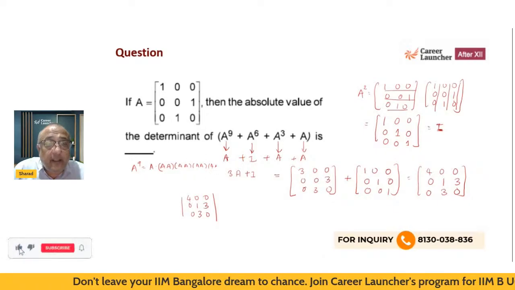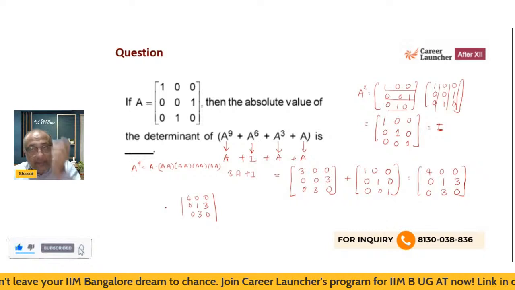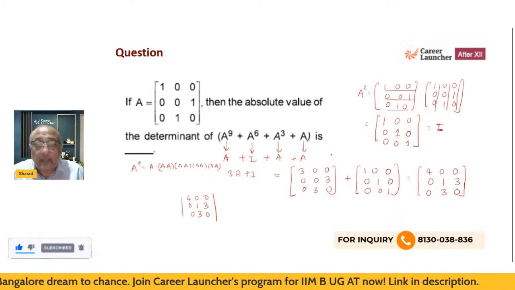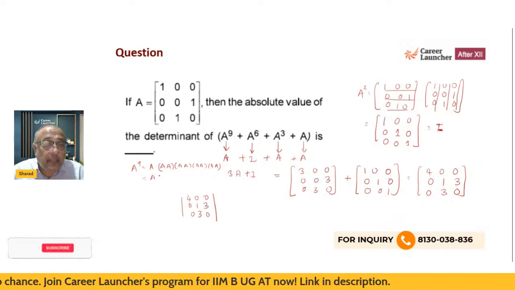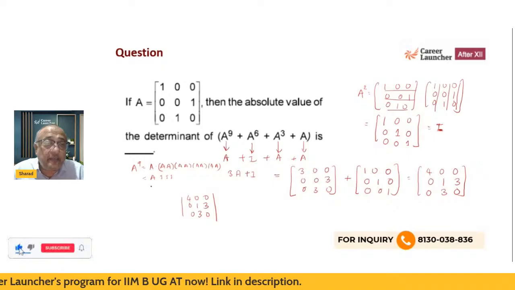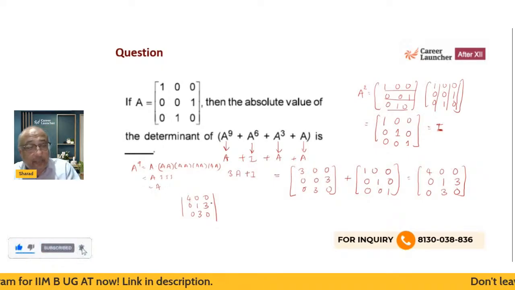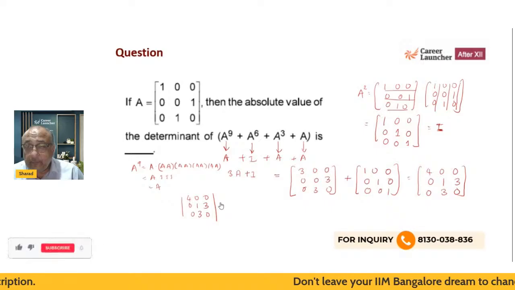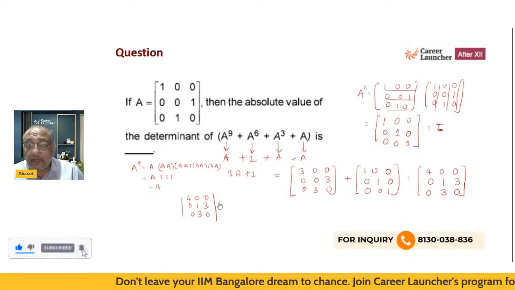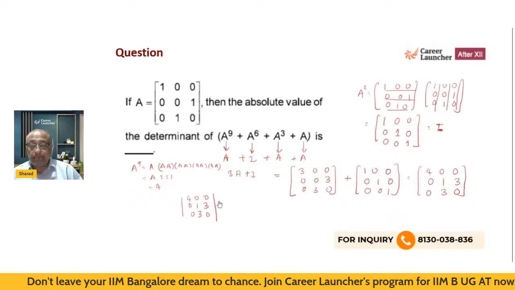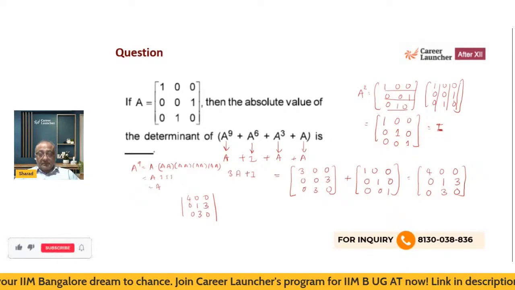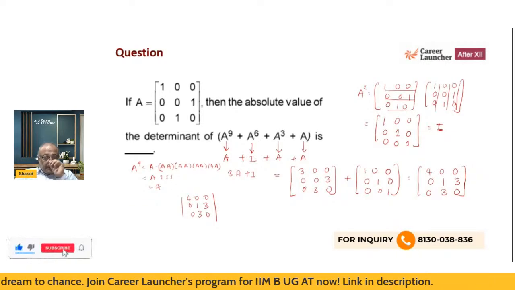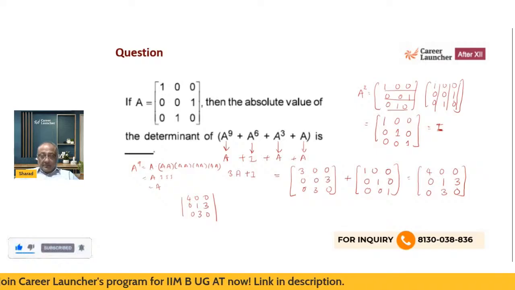A square I have already got as equal to I. So this will be equal to A into I into I into I, which is nothing but equal to A. If it is clear to you, please tell me. Tanvi, is it clear to you? A raised to power 9 is A. Waiting for your response.